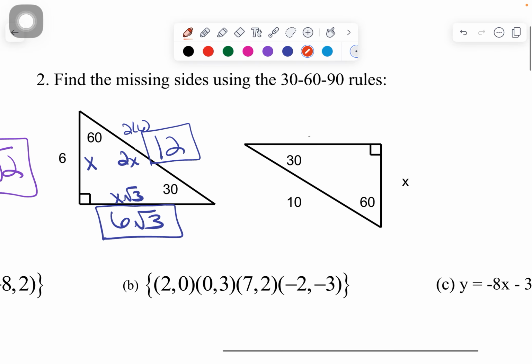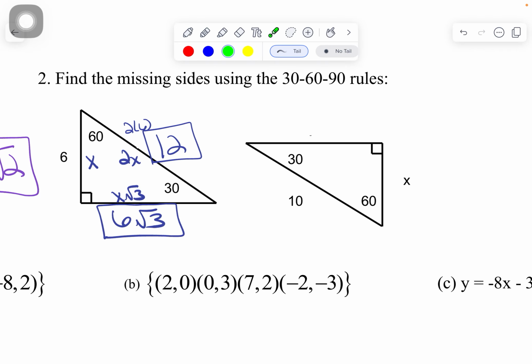And same thing for the other 30, 60, 90. Again, I'm not going to use x because I've got an x labeled already. So let's go a, 2a, and then a root 3. It's always the side opposite the 30 is your shortest side. That's a. The hypotenuse is 2 times that, so 2a, and then the side opposite the 60 is a times root 3.